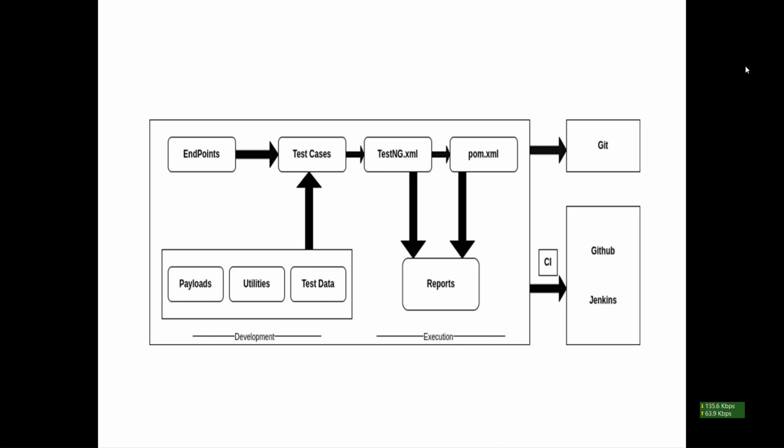All these will be kept in utilities. The Excel sheet will have test data, and we create test cases with the help of the testng.xml file. We'll add Cucumber also, add pom dependencies, generate Extent reports or Allure reports, integrate with Git, and run through Jenkins. So slowly you are going to set up a framework in the next videos, so you can watch this series and get used to it.